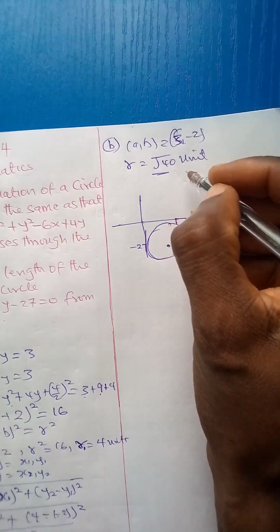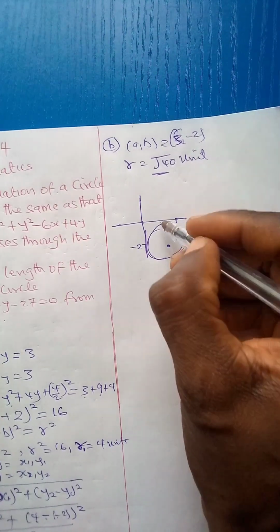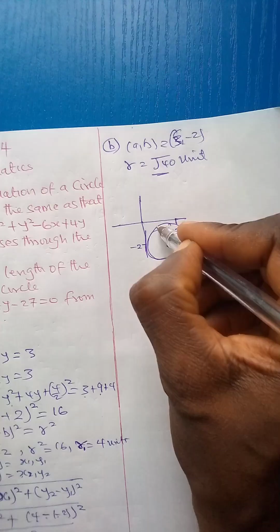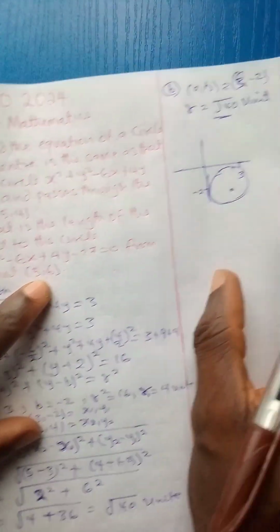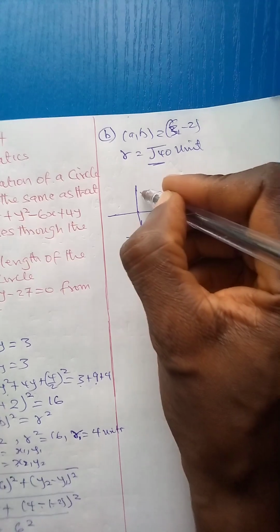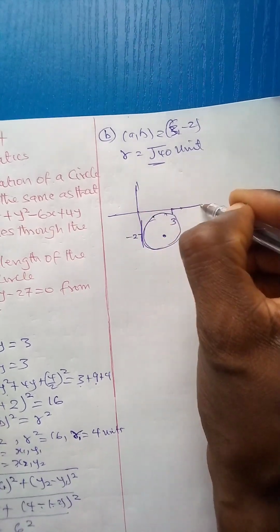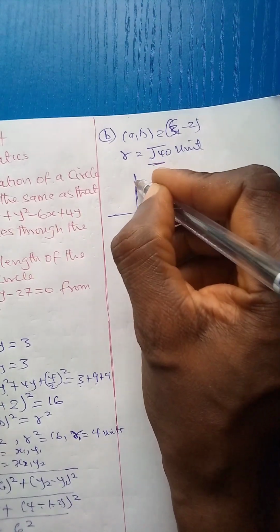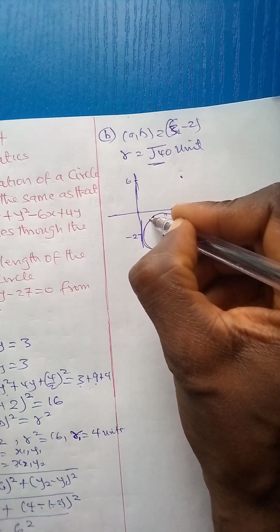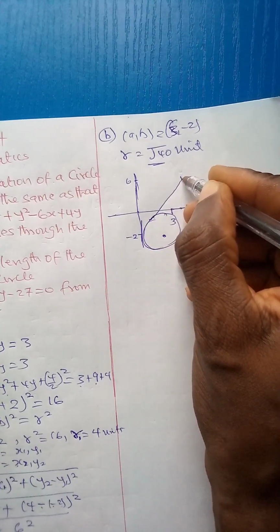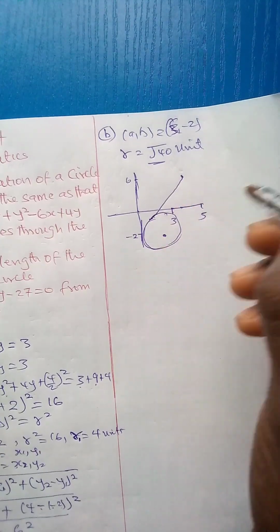Now, the distance between the point of tangent to this other point, which is (5, 6), is this. So let's make that (5, 6). Here is 5 and here is 6. Here becomes the point. So from this point to that point, we have a tangent formed.